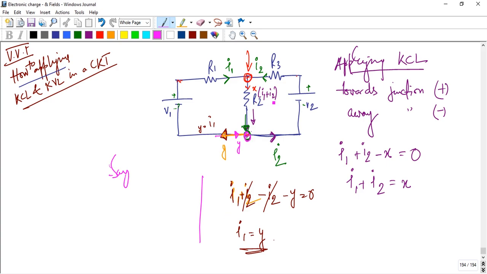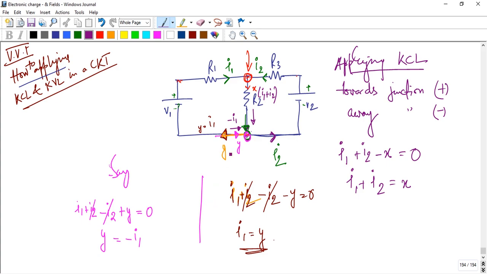Similar concept: towards the junction with a plus, so I1 plus I2, and leave the junction with a minus I2 here, and y also towards the junction with a plus. So there's a cancel. So y equals minus I1.